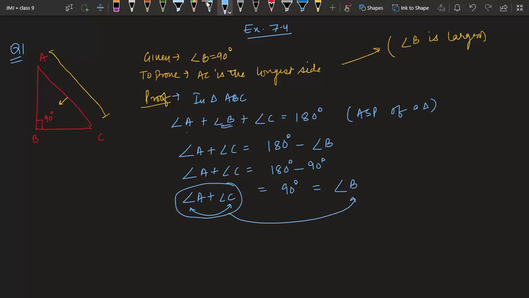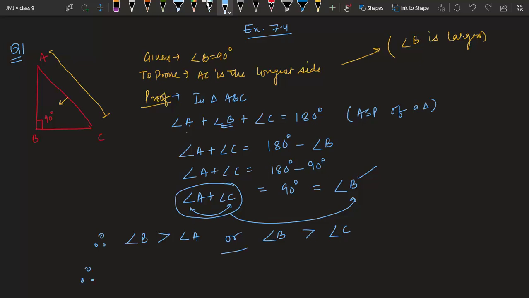is the same as B. So what we can say from this is that B is obviously larger than individual A or individual C. So from this we can say, therefore, angle B is larger than angle A, or we can say angle B is larger than angle C. Okay, now this will help to prove our part.